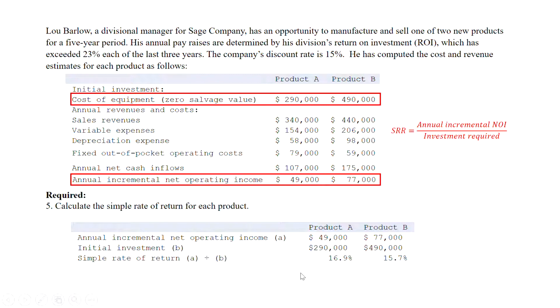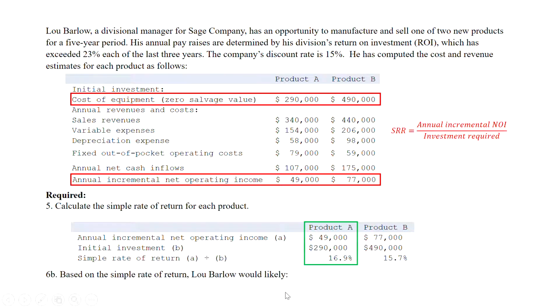Unfortunately, this one does not use cash flows, in particular discounted cash flows. So again, disadvantage, it treats apples to oranges, future dollars like they're current dollars, which isn't necessarily true. But again, very easy to understand a rate of return. Who's better if I compare A to B? Well, bigger is better. Bigger rate of return is better, 16.9%.